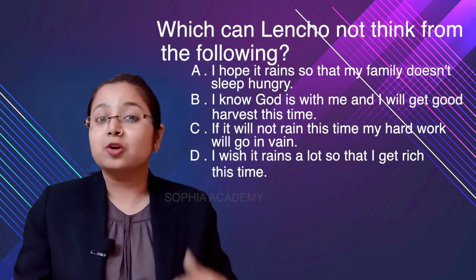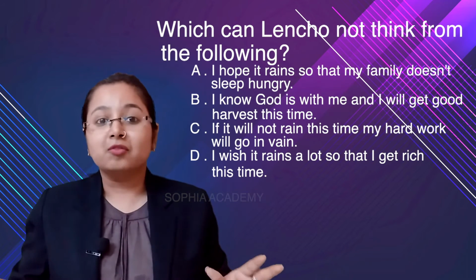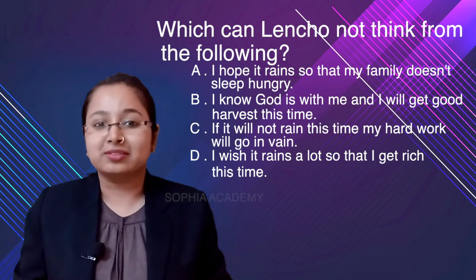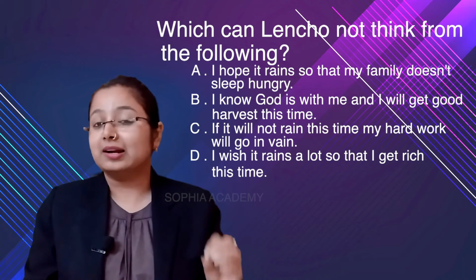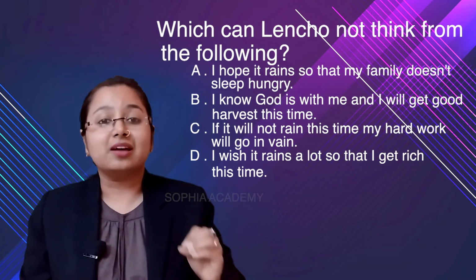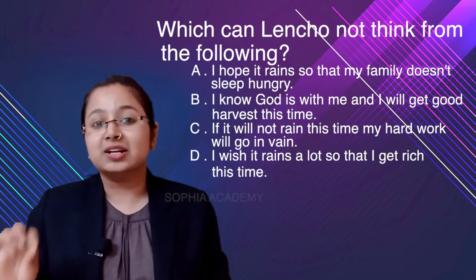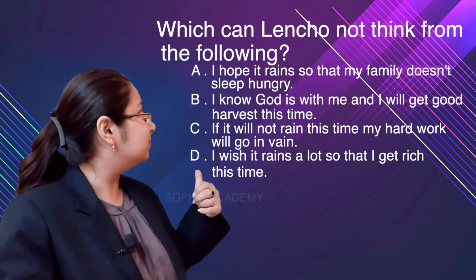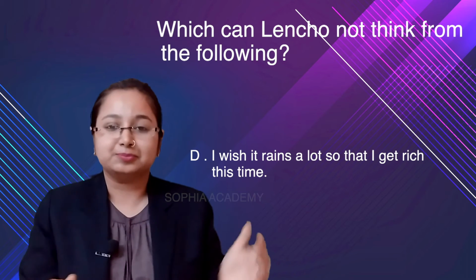And option C, he also thought that if it will not rain, then his hard work will go in vain, it will be wasted. So these 3 were thought by Lencho. But the fourth option, I wish it rains a lot so that I get rich this time, is not mentioned in your chapter. So this will be the correct option, that is option number D.